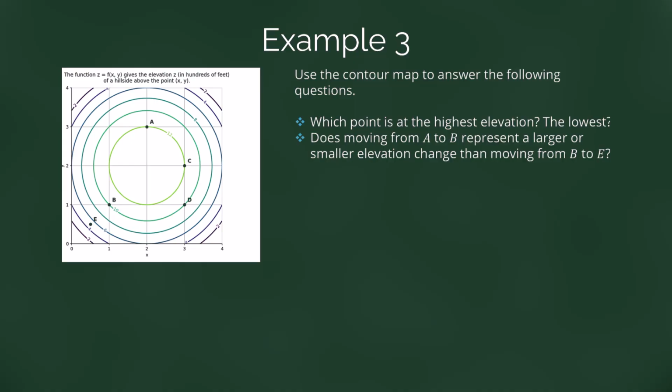So what we want to look at is the level curves. And we can see that points A and C are on a level curve that is marked with 12. So what we know, it says in the legend on our map that we are measuring elevation in hundreds of feet. So both A and C are at an elevation of 1,200 feet.